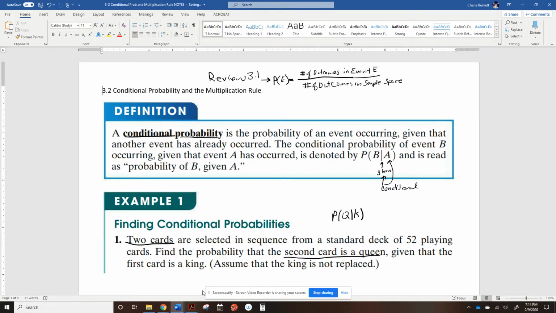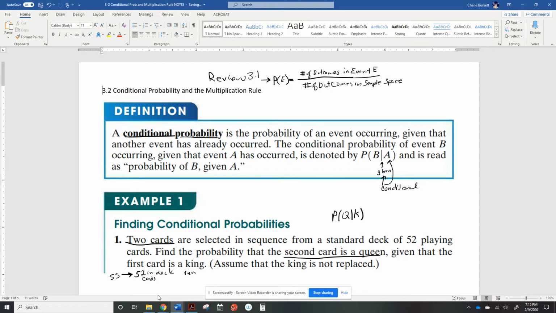Well, what does that first card being drawn do to our sample space? If two cards are drawn, remember we have 52 cards in a deck. So my sample space originally was 52. But then I draw that first card out.